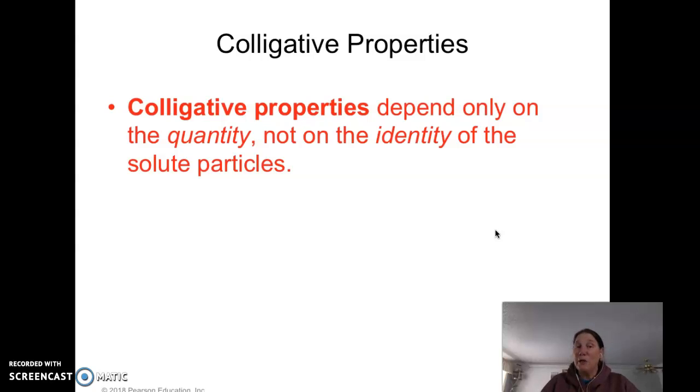You're adding the salt particles and it changes things. It changes melting point, it changes boiling point, it changes what they call osmotic pressure. So by adding extra particles, you're messing with the normal interaction of the particles in that solvent and you're changing stuff. It does not matter what you add, it matters how much. It's the number of particles, not what you actually add.